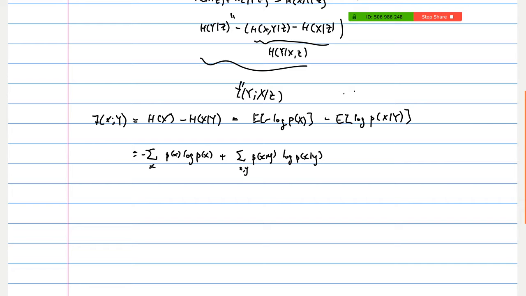So write that. You see the first term here does not depend on Y. And P(X) I can write as the sum over Y of P(X,Y), right? This is P(X), right?